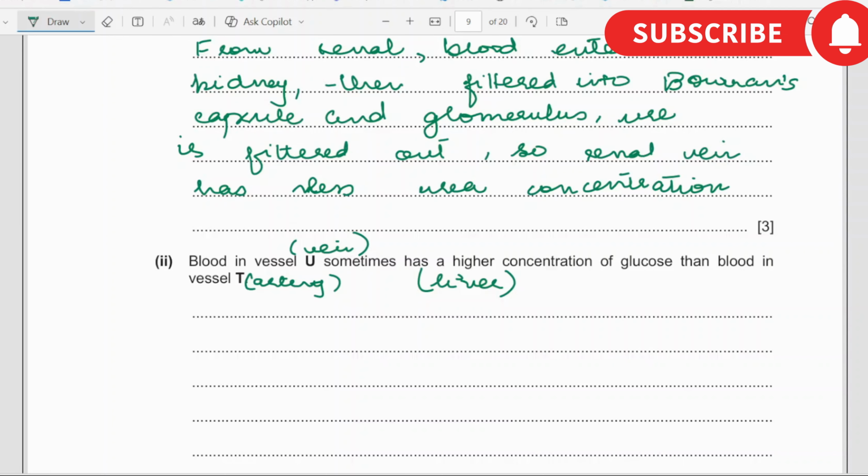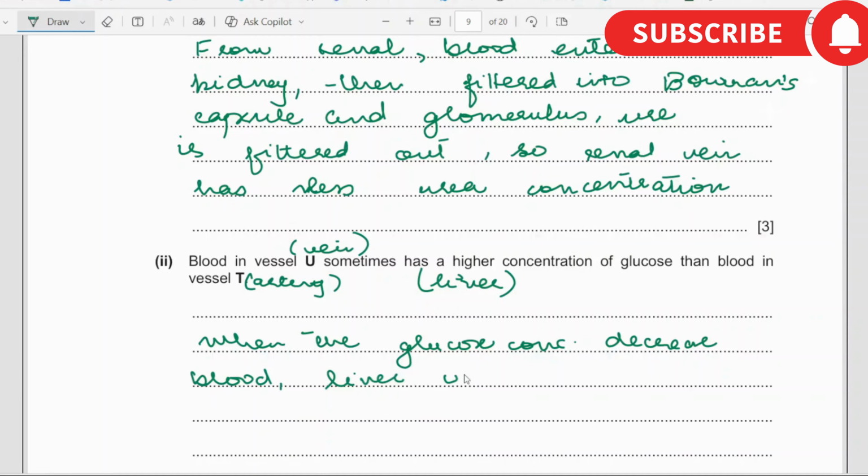So you would write that when fasting, when the glucose concentration decreases in blood, the liver would convert glycogen to glucose.